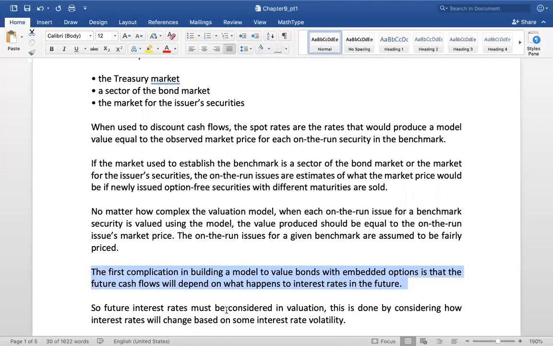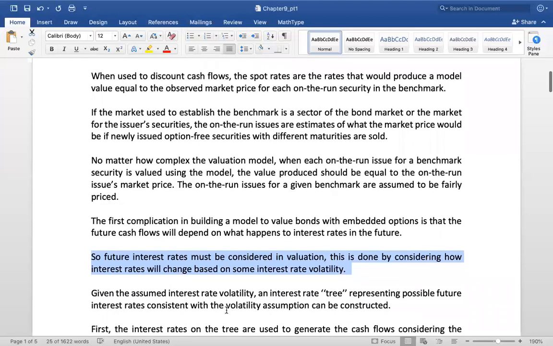So future interest rates must be considered in valuation. This is done by considering how interest rates will change based on some interest rate volatility. Remember, we discussed the concept of interest rate volatility in our last chapter, and we incorporate that concept in the model, that is, how interest rates will change.